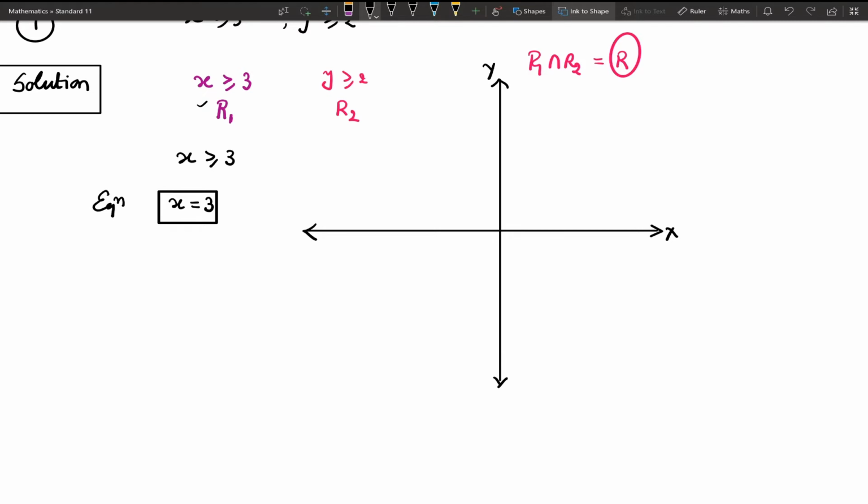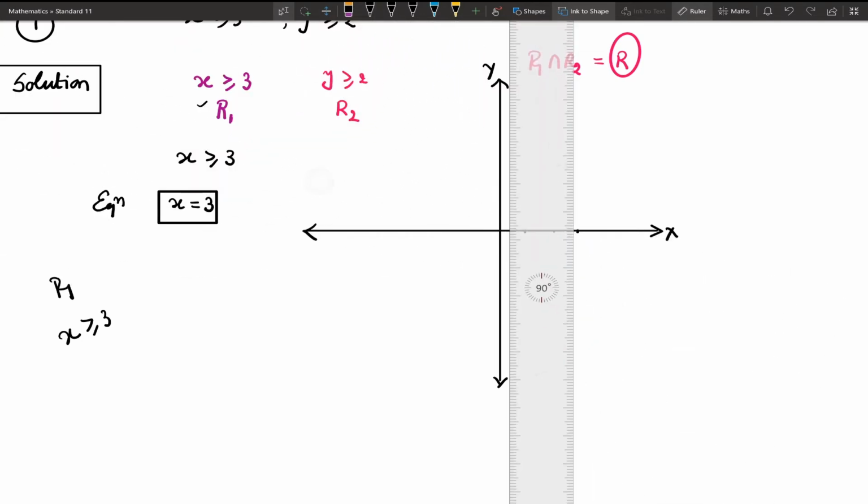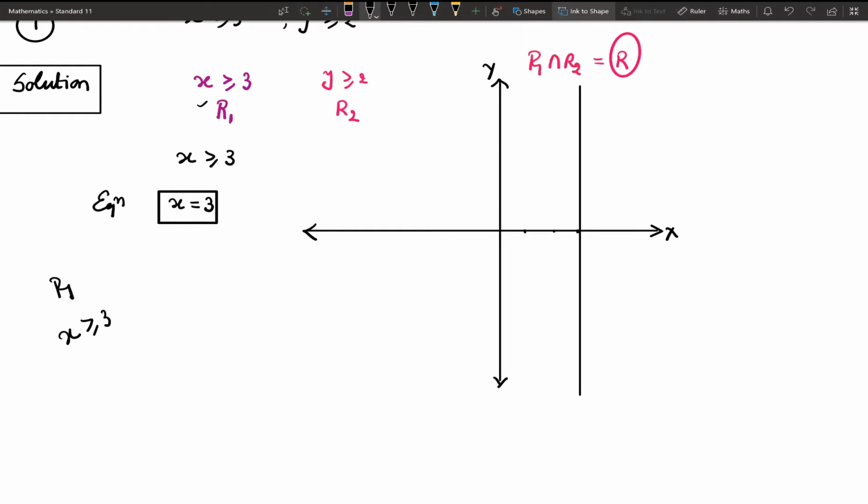First we obtain region R1 given by x greater than or equal to 3. Say 1, 2 and 3. This is the vertical line x equal to 3 passing through the point (3, 0).